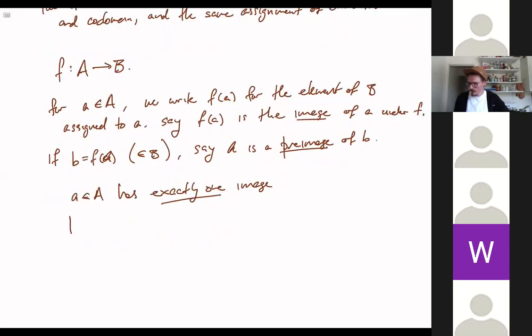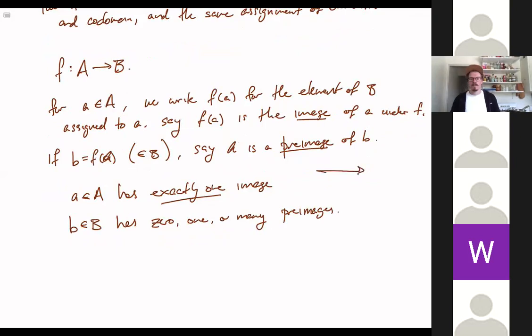If we have an element of B, it may have 0 or 1 or many preimages. So it's only this direction that you assign a unique thing. If you try to go the other direction, you might get nothing, you might get one thing, or you might get lots of things. So let's do some examples to see what we mean by this.